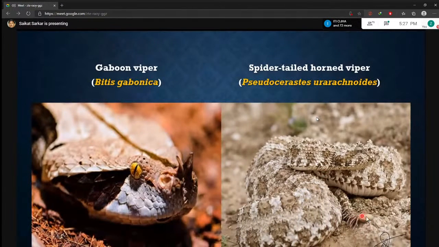This tail looks like a spider, and as you can see, the hue of their external body cover matches exactly with ambient structures. The way they move their tail, it moves exactly like a spider.